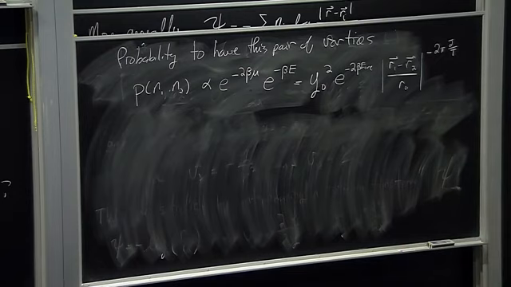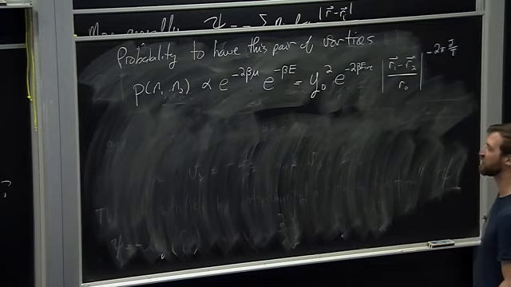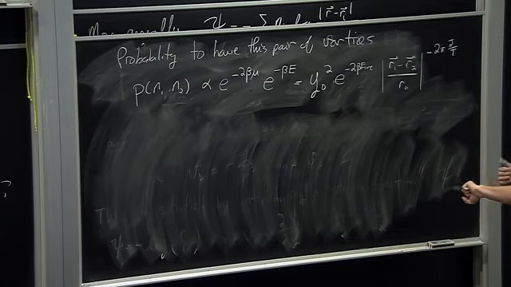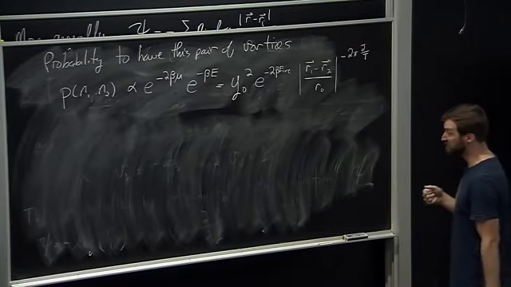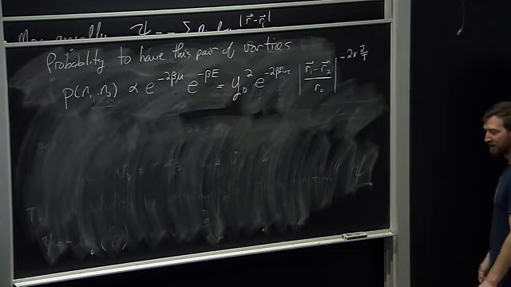Here's where the sketchy part comes in, but it's fun nonetheless. I'm creating this vortex-antivortex pair, and there's a probability depending on its distance. If I create them at different distances, my probability goes down in some sense.